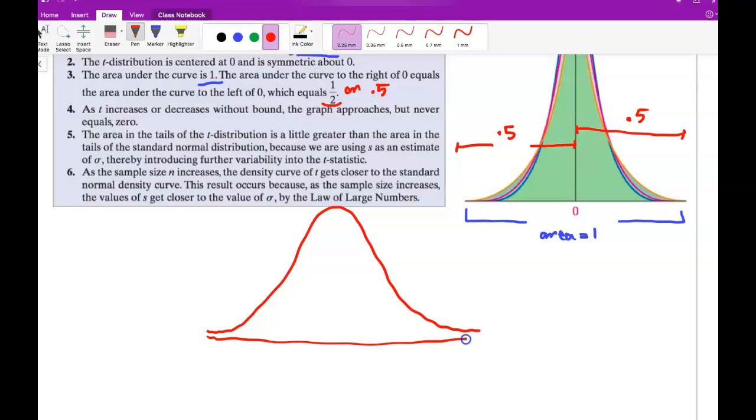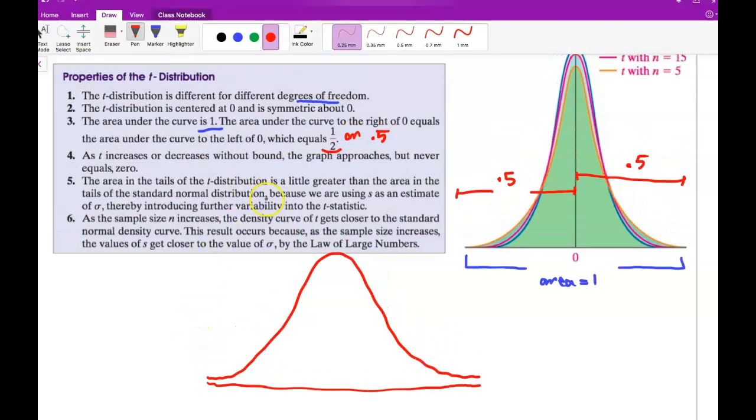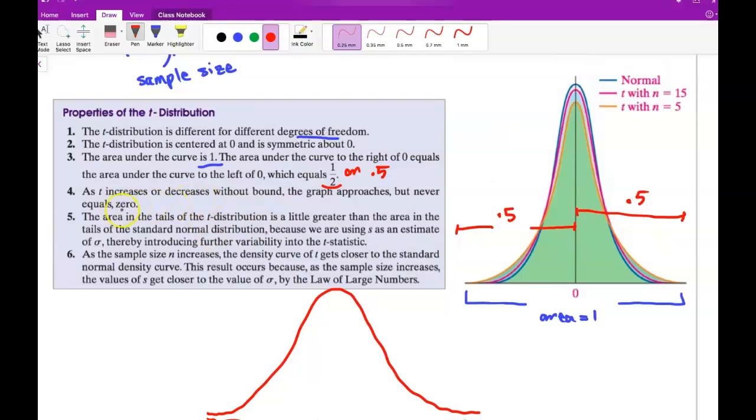We have something like this. It's getting closer to this line, but it's not equal to 0. So we have something in between here, so it's not 0. Okay, so never equals 0.